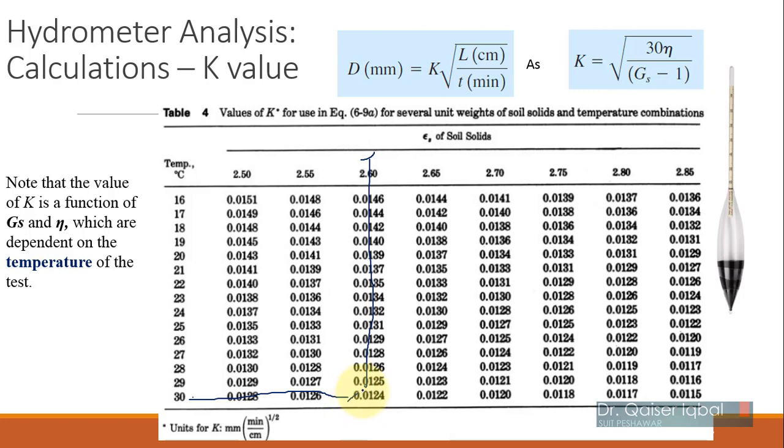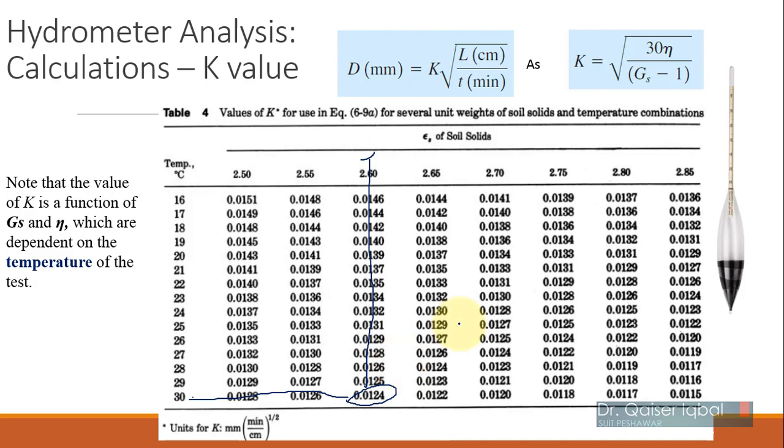So you can just simply select the value of k from this table. No need to do some very fancy lengthy calculation. It will just directly give you the value of k in minute per centimeter raised to power 1/2, which was the units we were using on the previous slide. So from this you can easily determine the value of k for any condition which you can have.